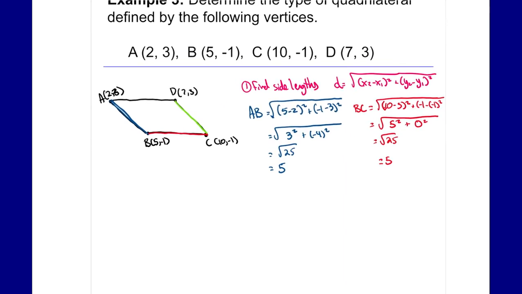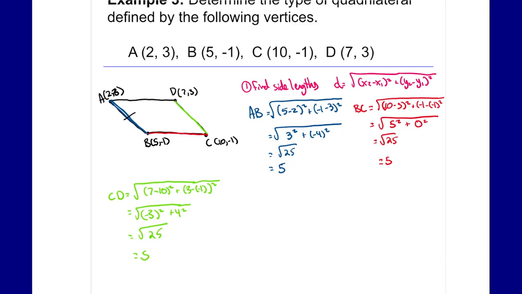So we'll do C and D. The length of CD, we have 7 minus 10 squared plus 3 minus negative 1 squared. We get negative 3 squared plus 4 squared, so 9 plus 16 equals the square root of 25, which equals 5.